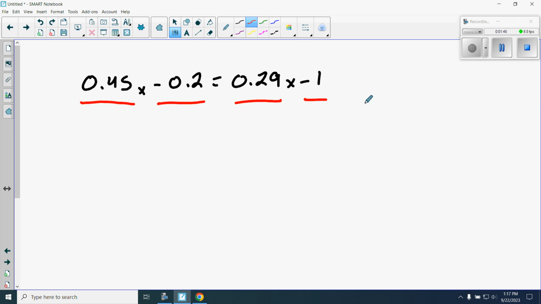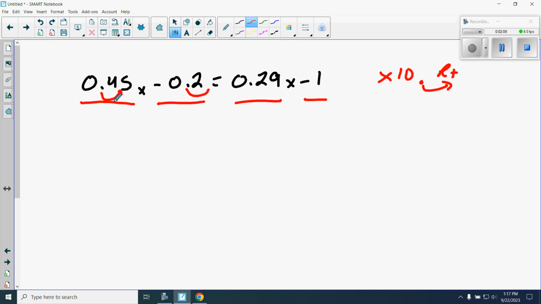When I look at these 4 terms, I need to find a number that I can multiply by that moves my decimal. Well, times 10 makes my decimal move one place to the right, right? But if I move it one place to the right here, it doesn't eliminate my decimal.